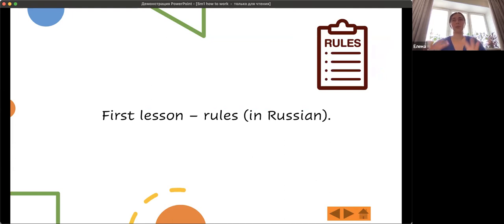So we sit together with my students, and I ask them in Russian what we mustn't do at the lesson, yes, and what we can do. And they give me their ideas. So we make like a list of rules. And of course, it is in Russian because they can't express their ideas in English yet. And they need to understand the rules. So for the first lesson and for the rules, that's okay.